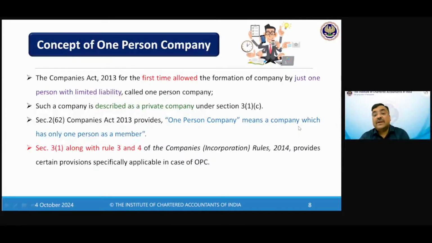Such a company is described as a private company. The OPC is only a private company, it cannot work as a public company.